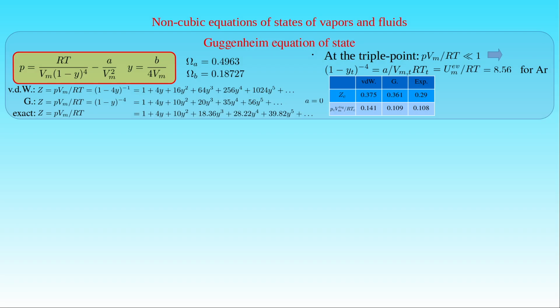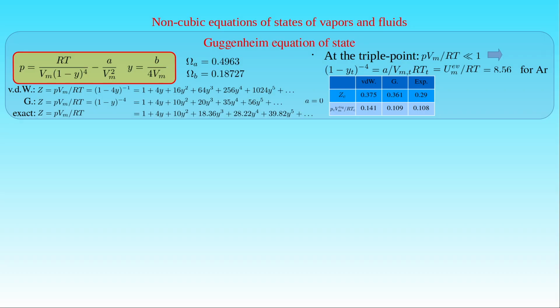For the van der Waals approximation, Zc is 3 over 8, that is 0.375, whereas the Guggenheim equation of state produces the value 0.361, which is somewhat closer to the measured value 0.29 for argon. The ratio of Pc times Vm,l to R times Tc shows a significant improvement from the value 0.141 predicted by the van der Waals equation to the value 0.109 compared with the experimental data given by 0.108.